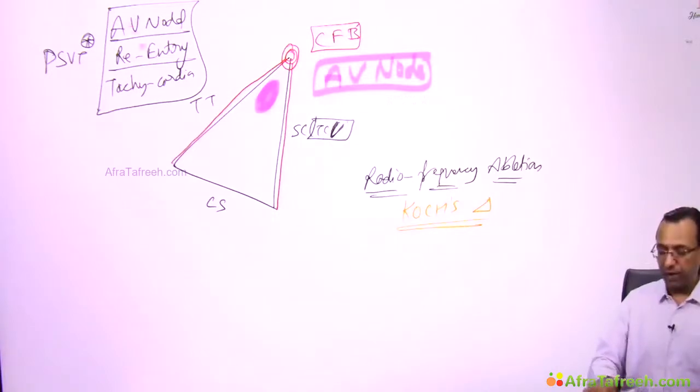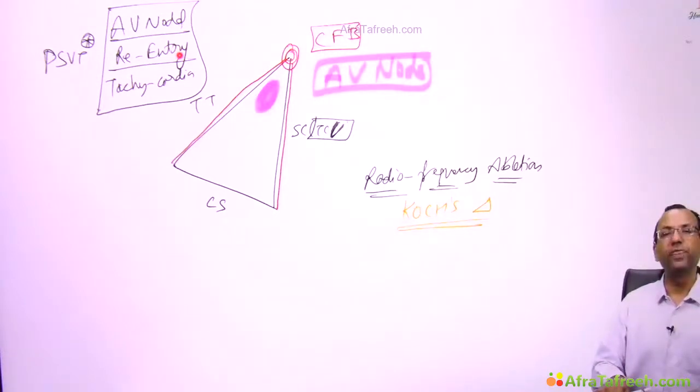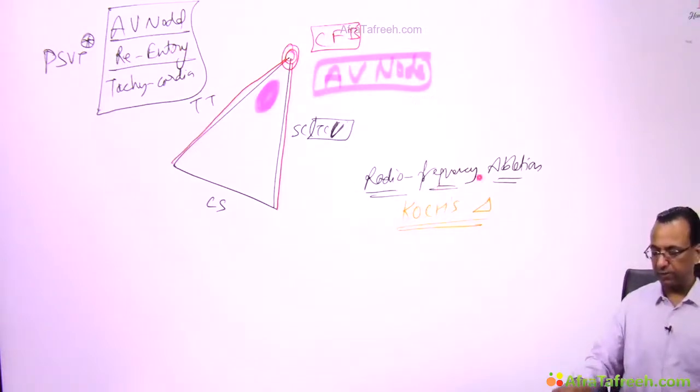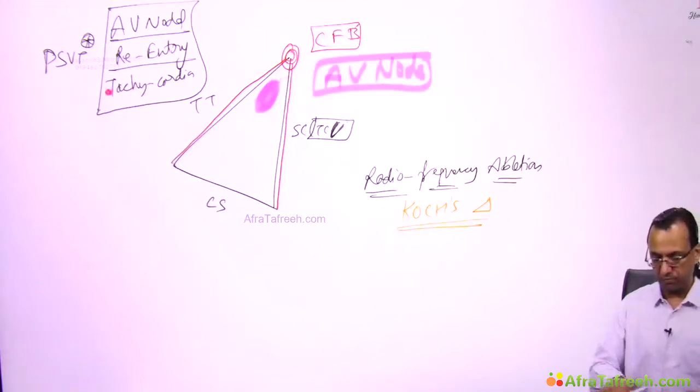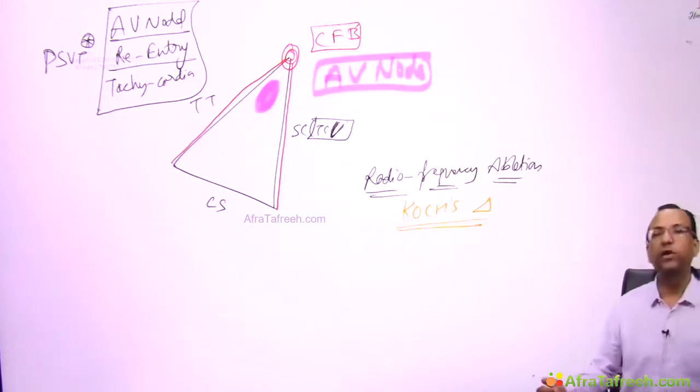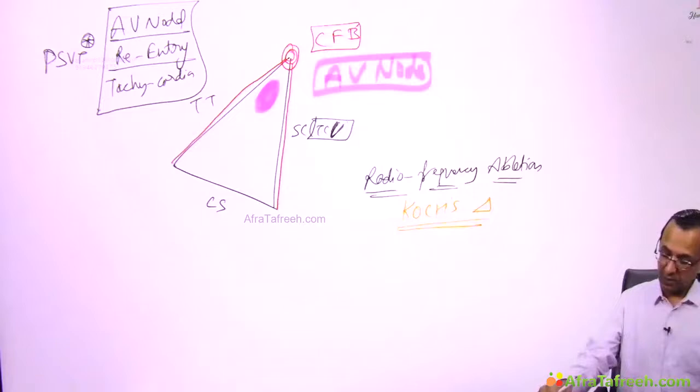So if I destroy the AV node, then I will have symptomatic relief in the patient. So in this case, as you have radiofrequency ablation of the Koch triangle, you will actually destroy the AV node, which is a content, and there will be symptomatic relief from the tachycardia problem. This is the importance of the Koch triangle.